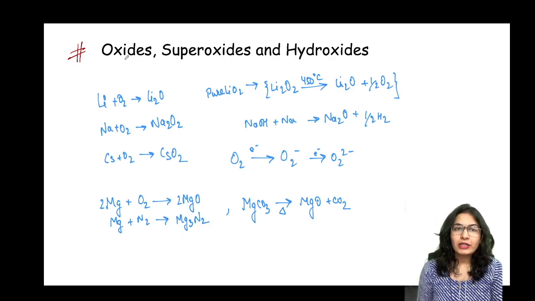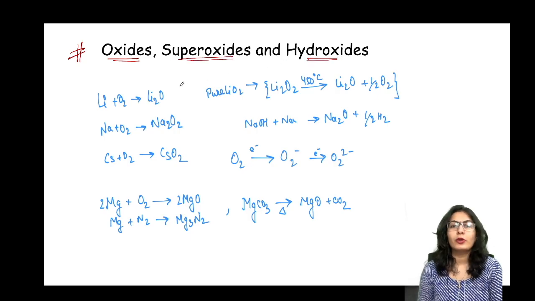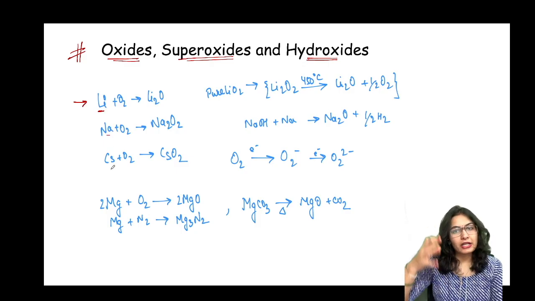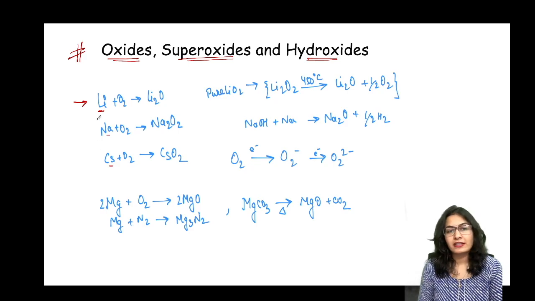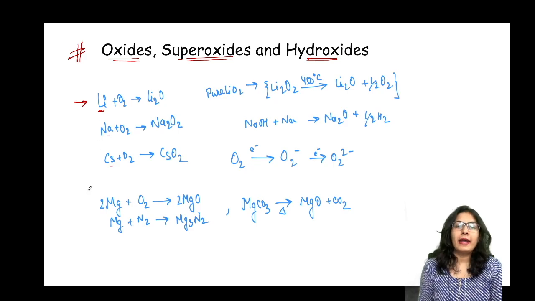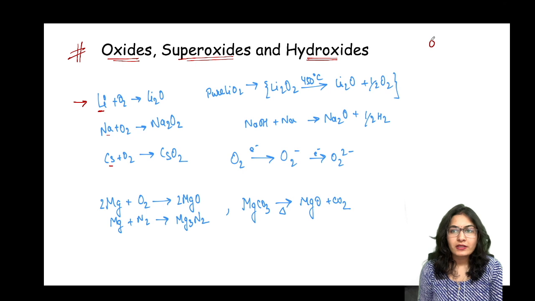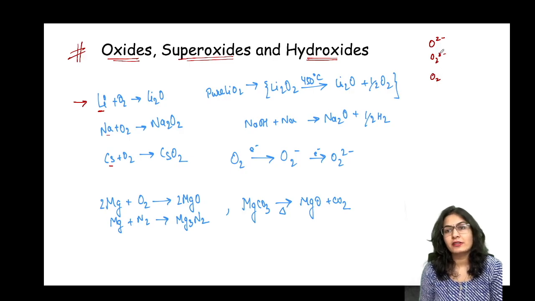You all know these elements form oxides, superoxides and hydroxides. What is going to be their behavior? Lithium is the smallest, then sodium, potassium, so size increases as we move down the group. Consider the oxide anion, the superoxide anion, as well as the peroxide anion.